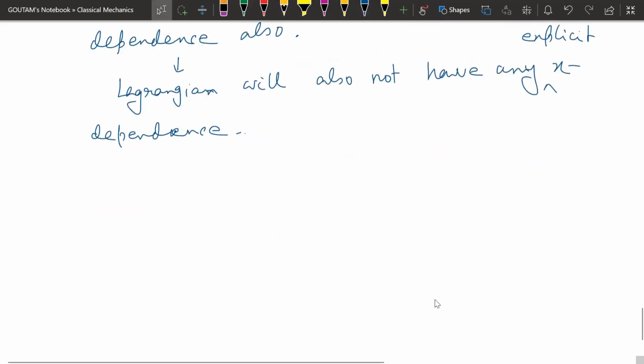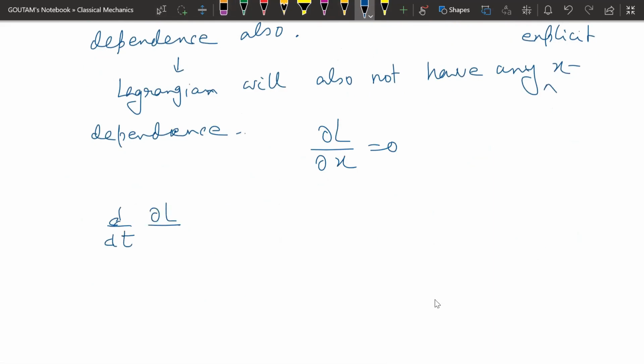In that case, del L del x will be 0. Then from Lagrange's equation, we can write d/dt of del L del x dot minus del L del x equal to 0.